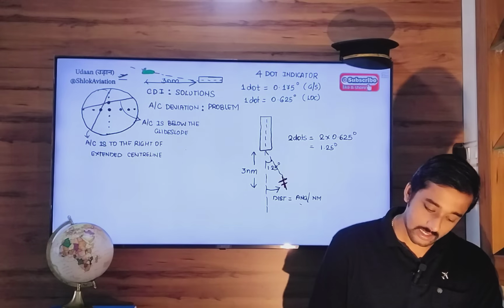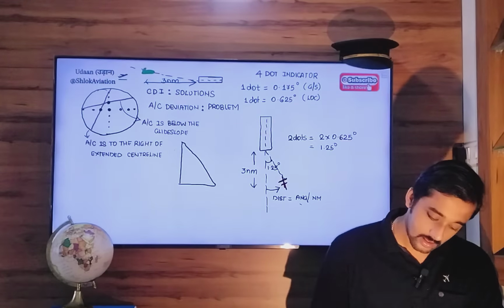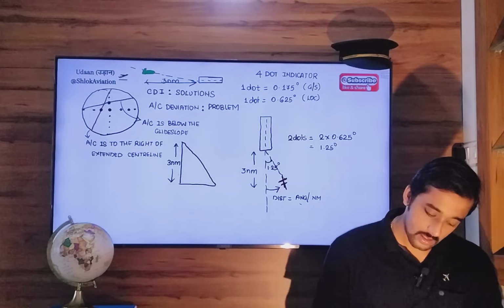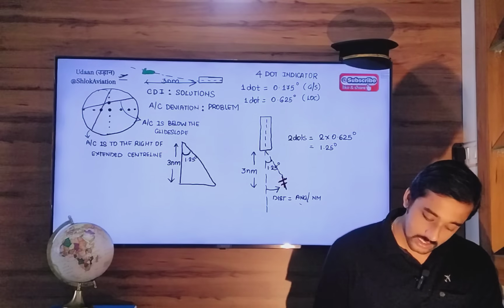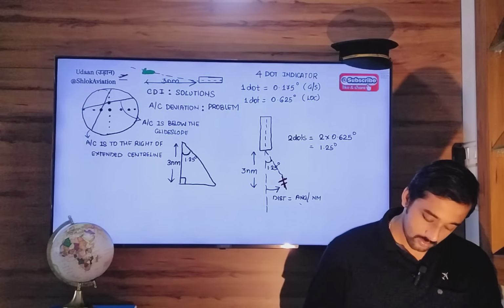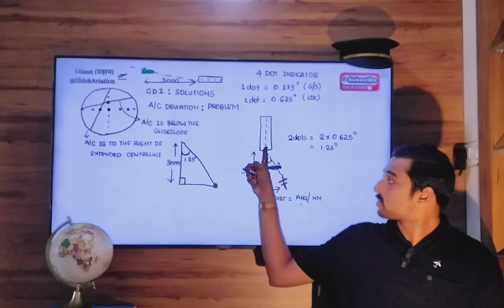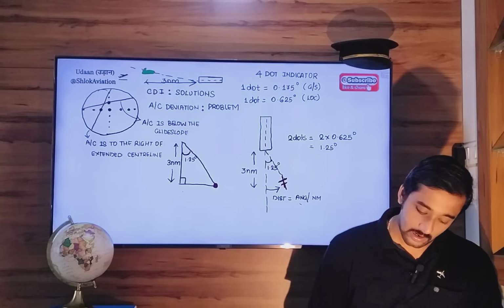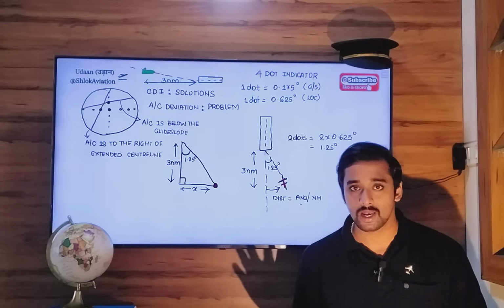So to resolve this figure, we have a triangle whose one side is 3 nautical miles. Angle is 1.25 degrees. This is 90 degree. Position of this aircraft is here, right? I have drawn this triangle here. And now we have been asked to find out this particular x distance, the distance aircraft is away from the localizer center line.